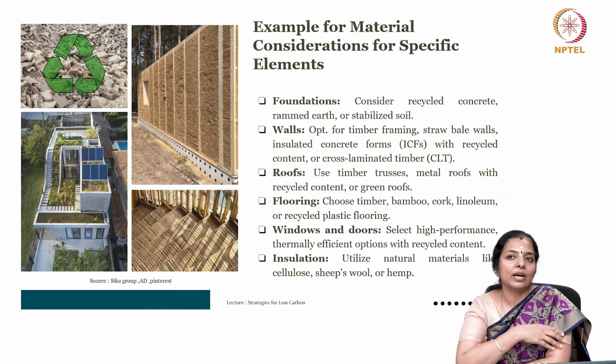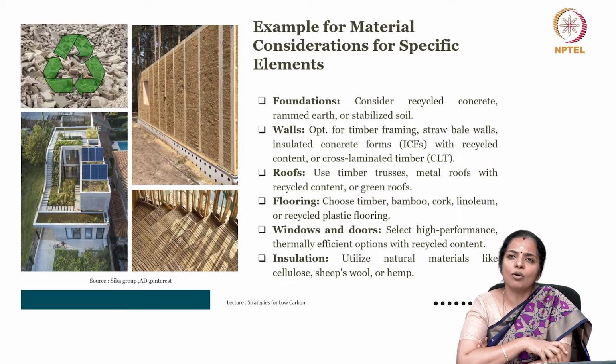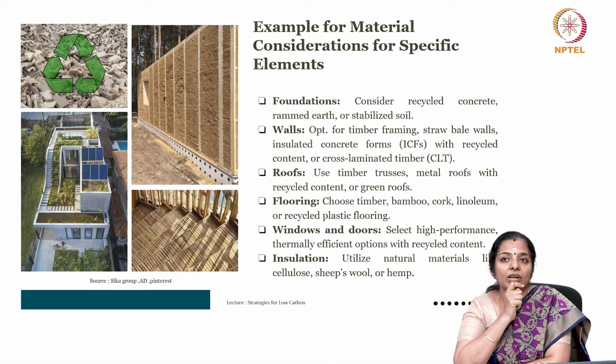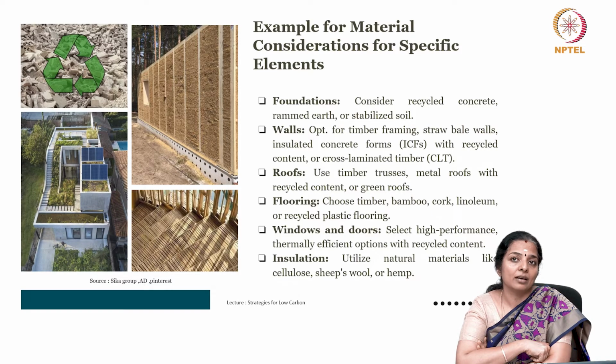For roofs, you can use timber trusses, metal roofs with recycled content, or green roofs. Flooring can comprise timber, or cork, or recycled flooring, or bamboo flooring, or linoleum flooring. So, all these can be options for flooring.